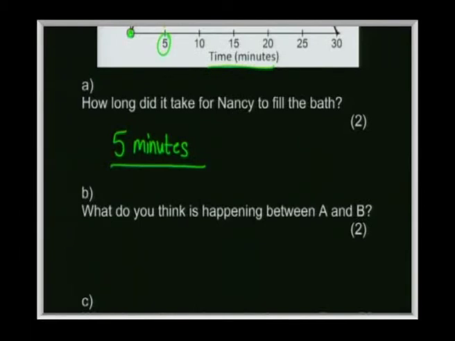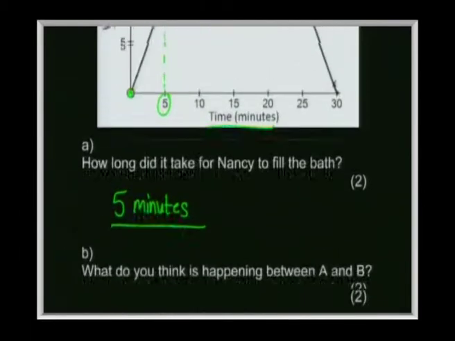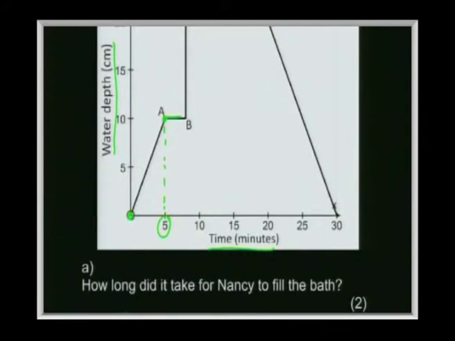Then it says, what do you think is happening between A and B? Well, A and B is this little section over here. And because it's a flat line, it means that nothing is happening. The bath isn't getting more full. The bath isn't emptying. And I think you can be creative in your answers. Maybe she is waiting for the bath to cool down a bit.